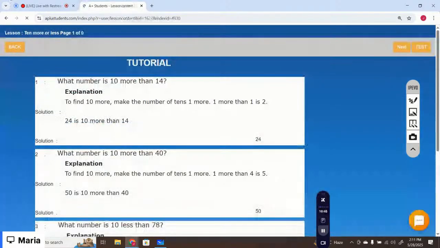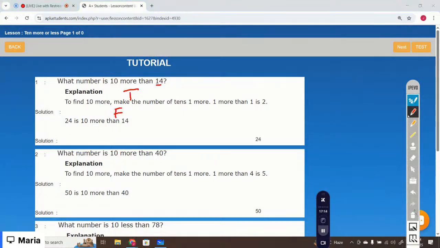10 more or less. What number is 10 more than 14? So 10 more than 14, right? You need to add 10, right? So the digit that is at the tens position is 1. Add 1 to the tens, 1 more than 1 is 2.